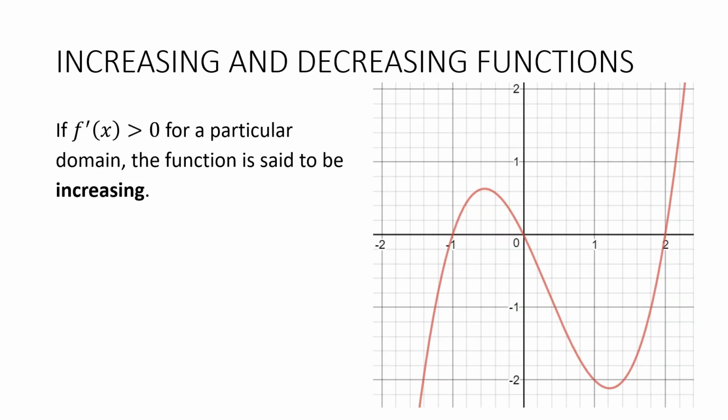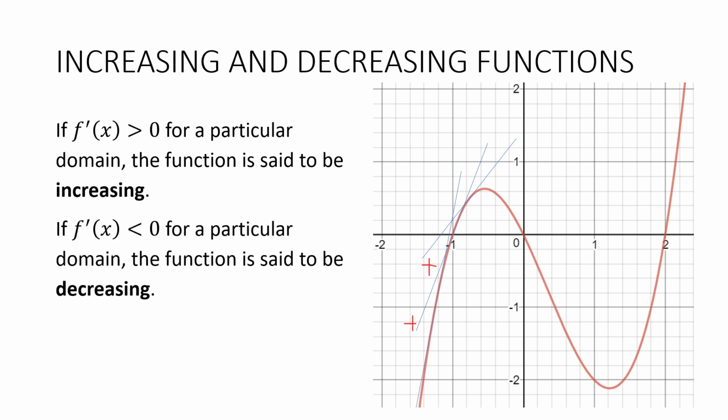Now we can use that information to determine whether a function is increasing or decreasing or stationary. And here's the rule. If the first derivative is greater than 0 for a particular domain, the function is said to be increasing. And you can see a couple of tangents I've drawn to the curve there. They're all going uphill, so we have a positive gradient. So the function is increasing at this point.